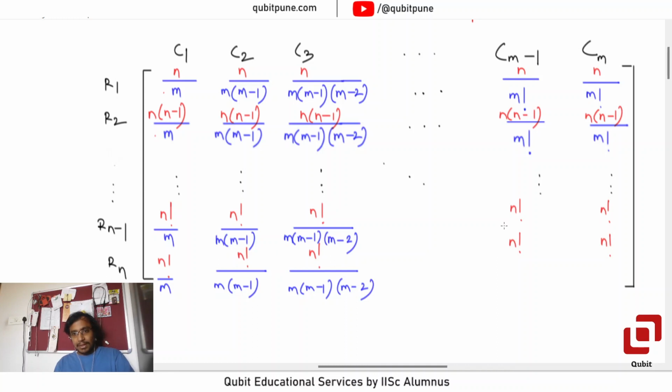Here we will get m factorial, and here also we will get m factorial, m factorial, n factorial, and n factorial.